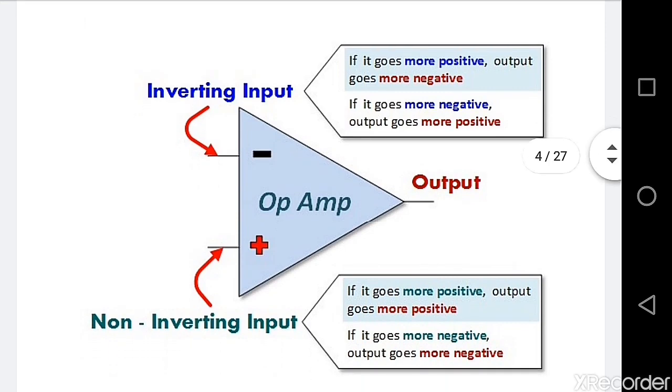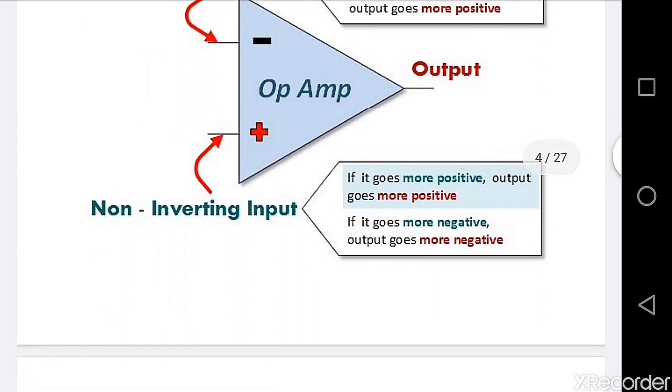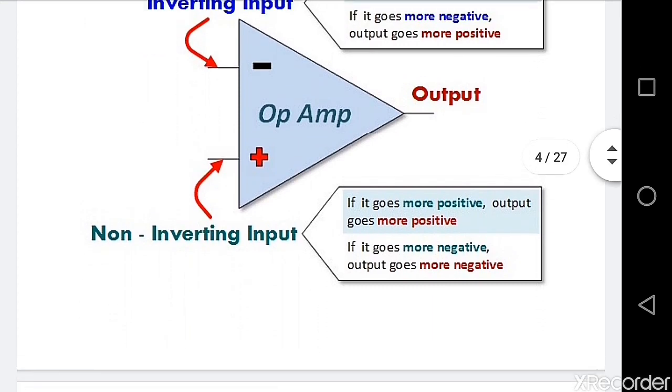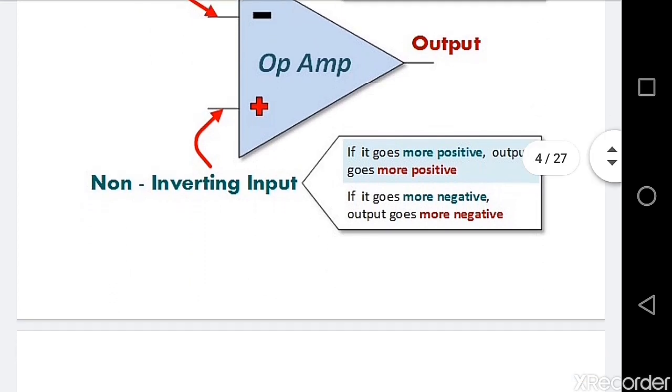If we give a negative input, it goes more positive. Next, the non-inverting input does not invert any data. If we give positive, it goes more positive. If we give negative, it goes more negative. That's it.